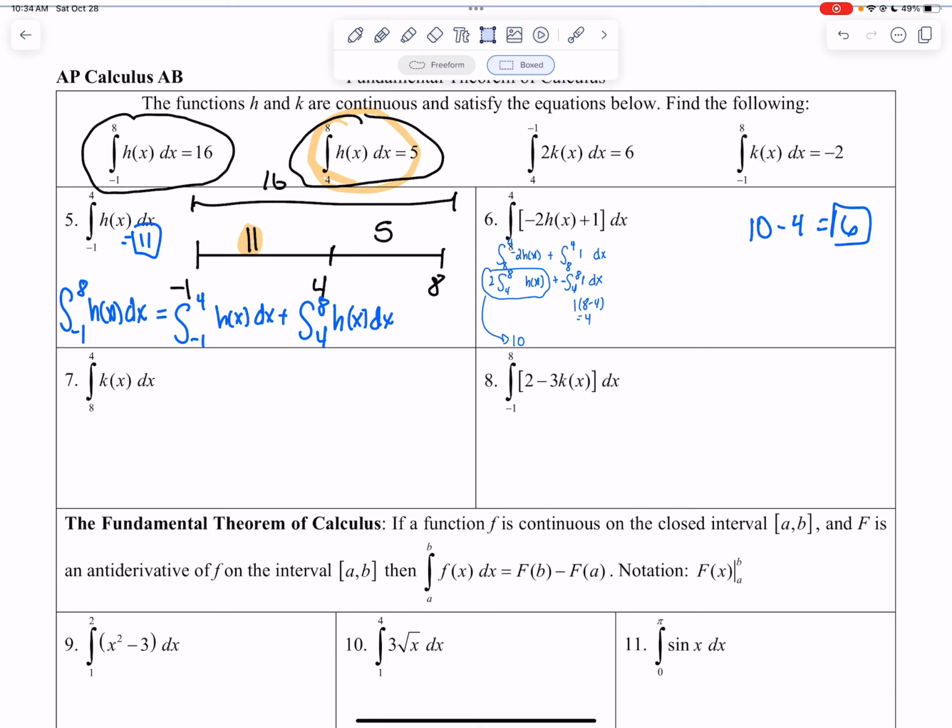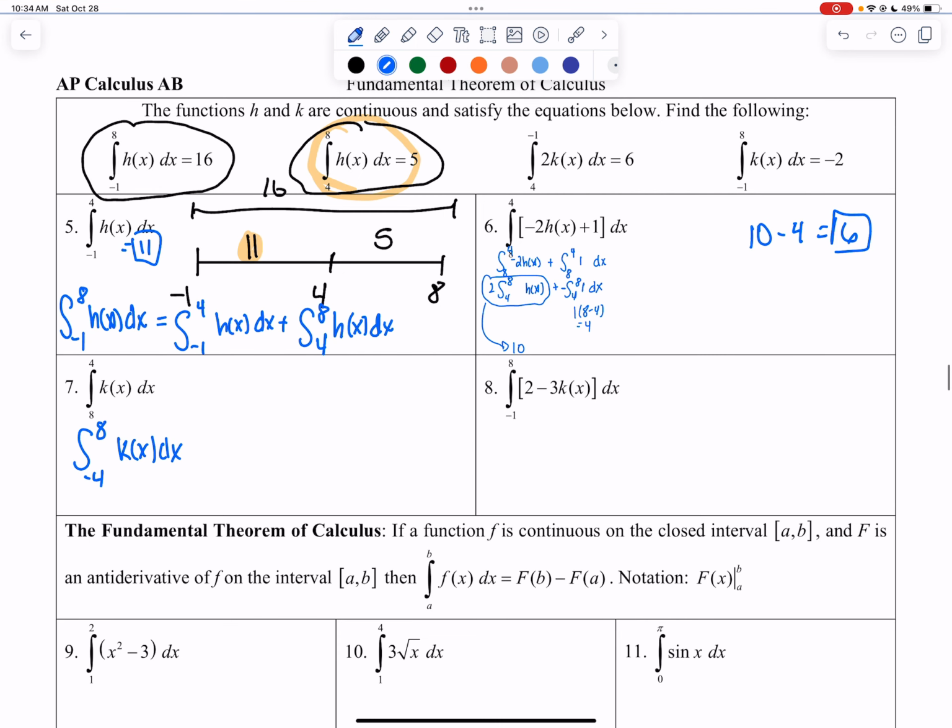Okay, for number 7, once again, I am going to change this so that my lower bound is a. So I have the integral from -4 to 8 of k of x dx.